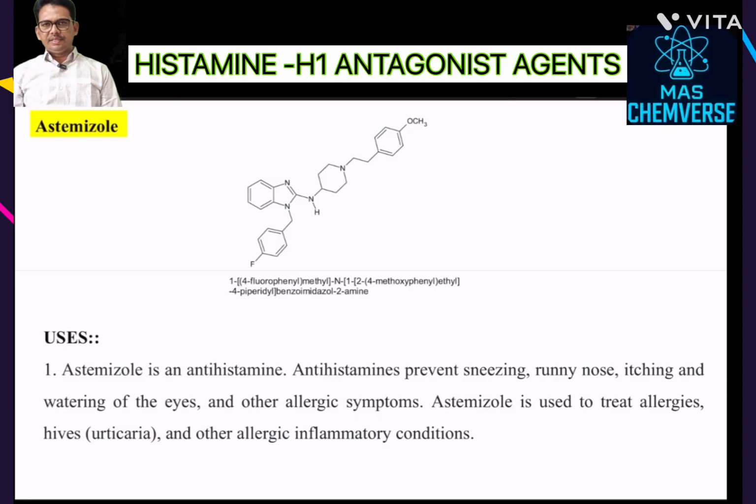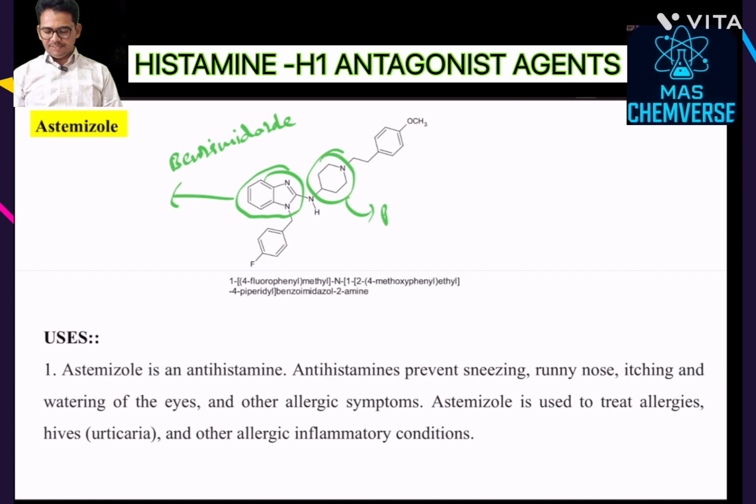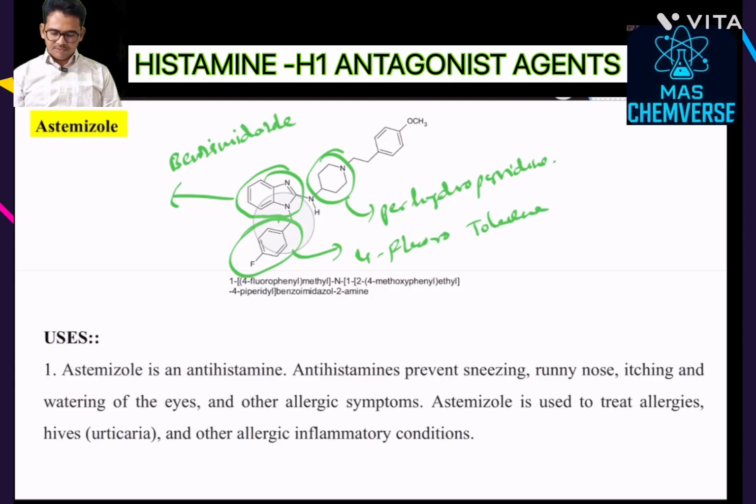Now, astemizole. Astemizole belongs to the class of benzimidazole. Which class? Benzimidazole. See, benzimidazole is attached to the perhydropyridine. Here it will be the toluene, called the 4-fluorotoluene. This is toluene, 4-fluorotoluene.